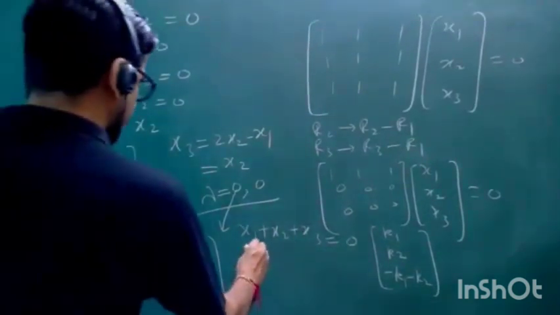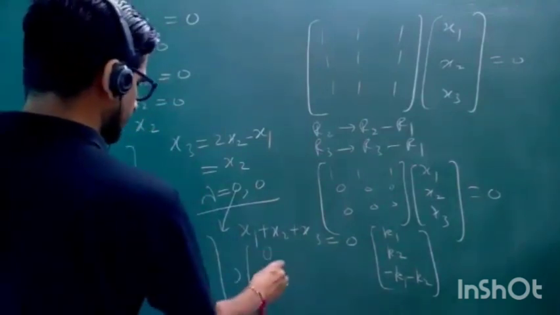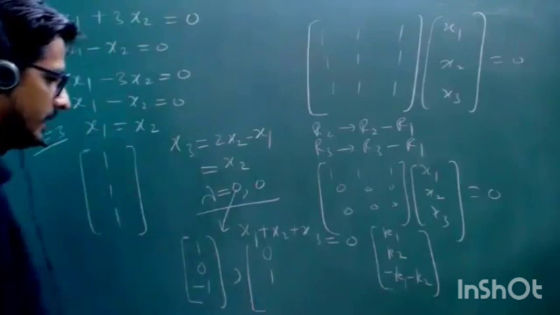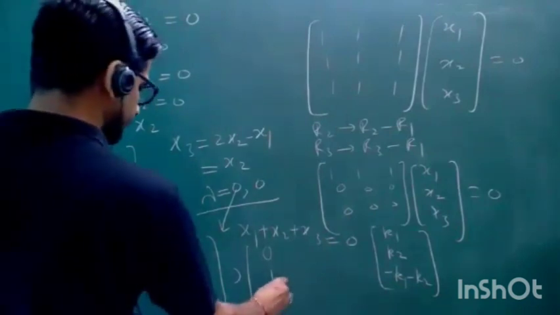And another eigenvector I will write, I will take this 0 and this 1 just to make it linearly independent. So 0, 1, and then what you will get here? Minus 1.